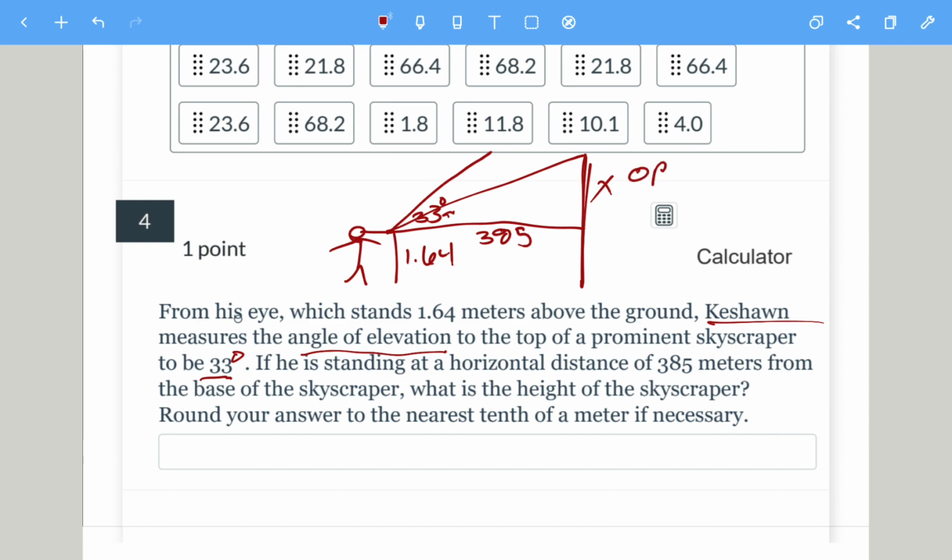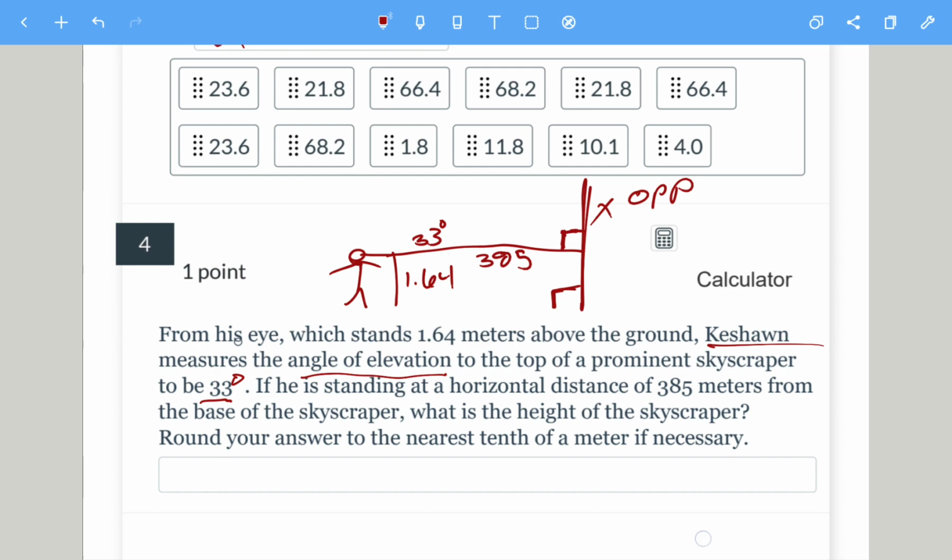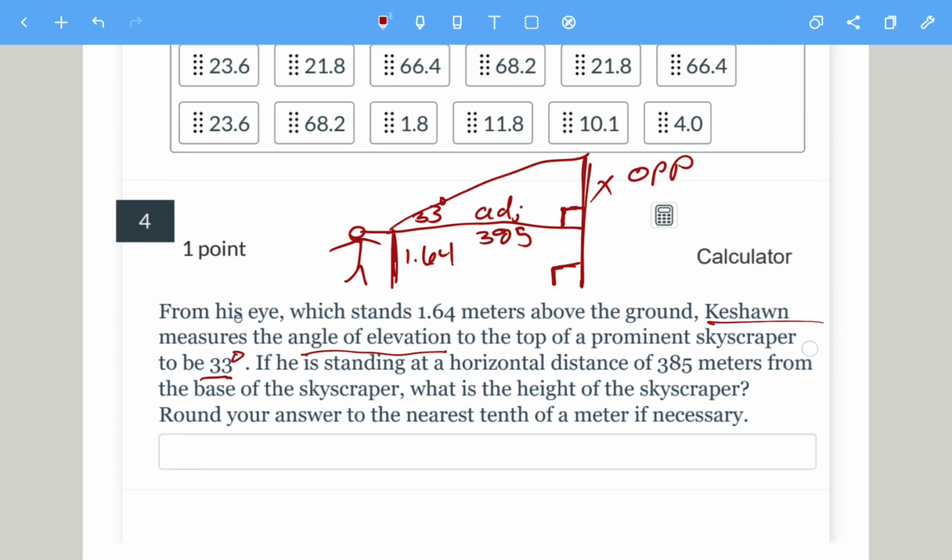Well, the skyscraper is opposite us. The skyscraper makes a right angle with the ground. Now it's letting me erase. Okay. And the ground is adjacent to where we're looking. So we're looking for the opposite and we have the adjacent. We'll deal with Kashan's height in a moment.